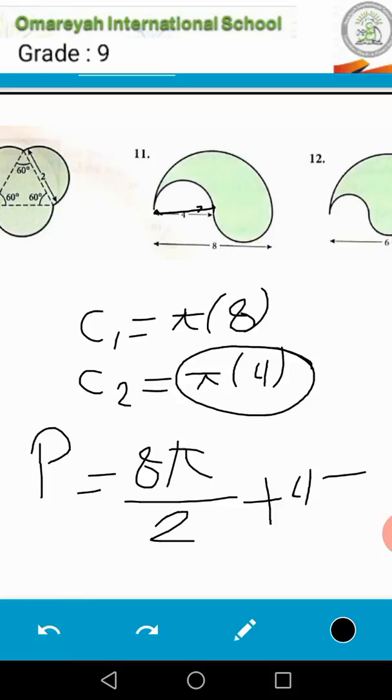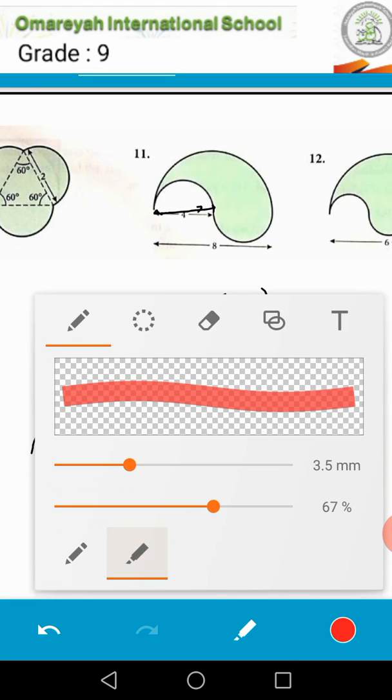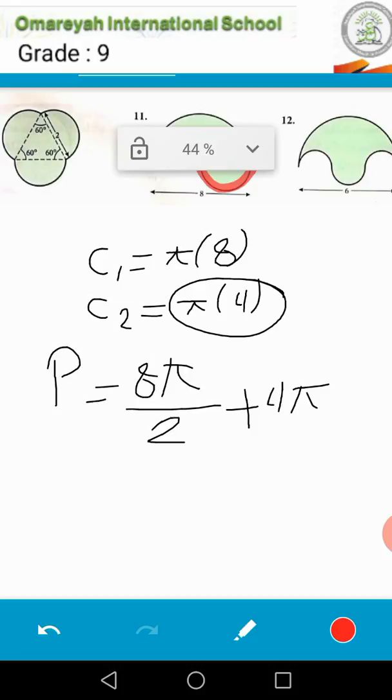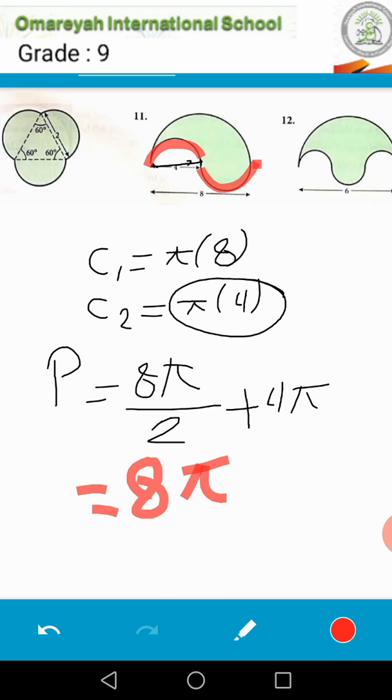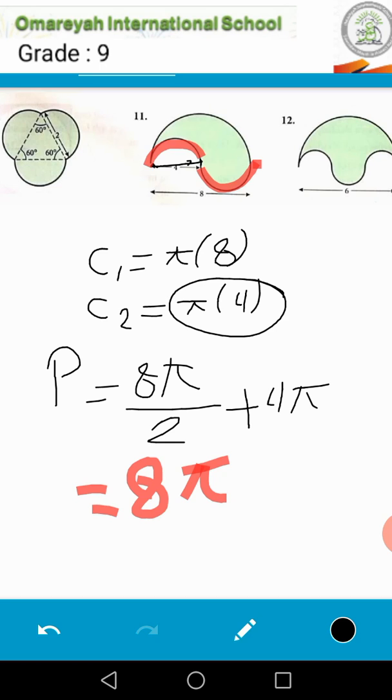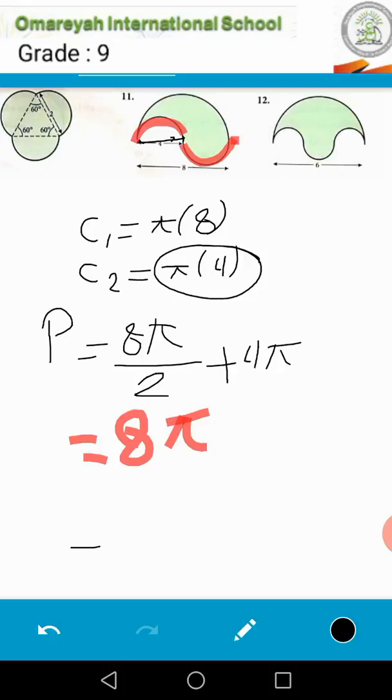This 4 pi is the circumference for this plus this, so you have a full circumference. No need to divide by 2. It's enough. Now 8 over 2 is 4 pi plus 4 pi, you get 8 pi. Now you can calculate this by calculator. 8 pi, you get 25.13.